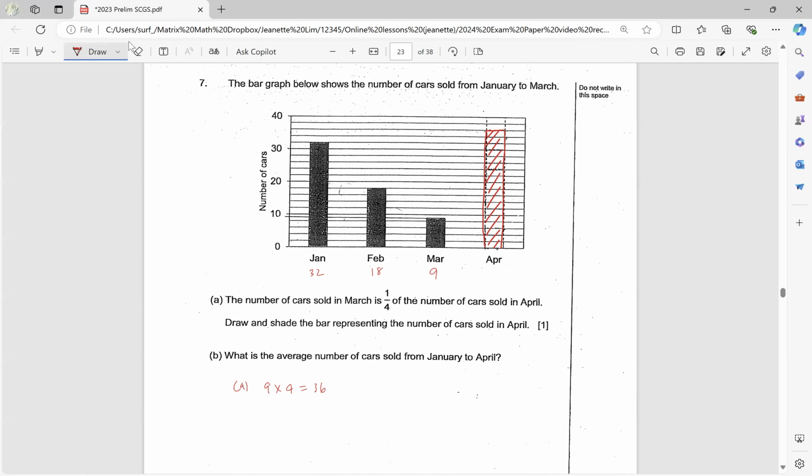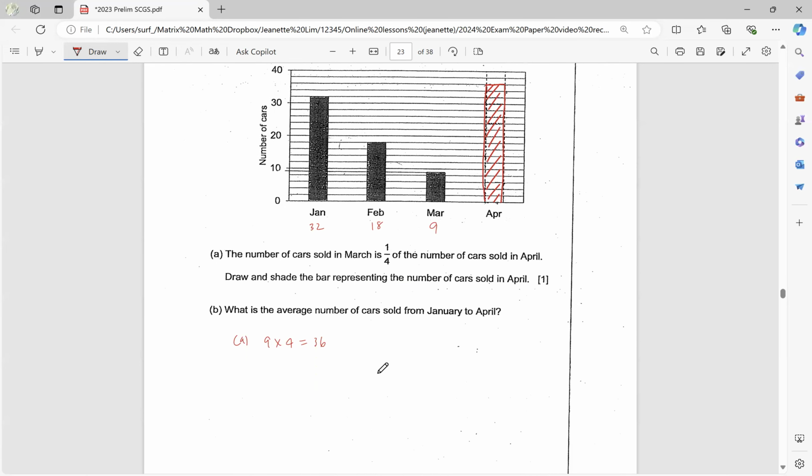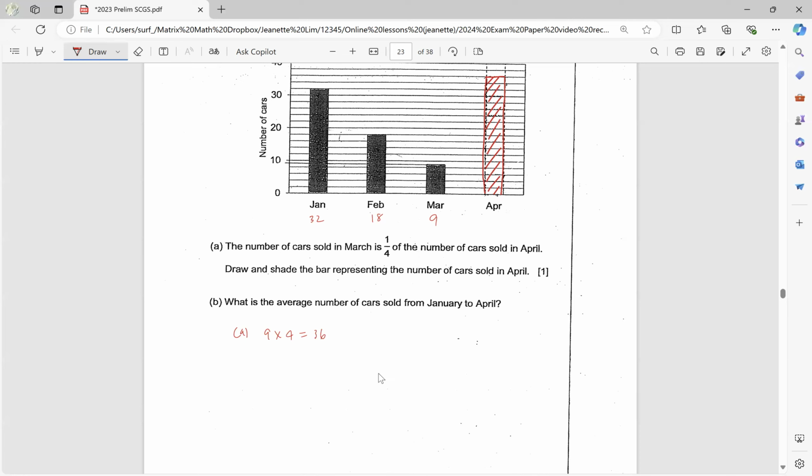Next, what is the average number of cars sold from January to April? To find the average, we need to find the total first. The total is 32, 18, 9, and 36, which gives us 95.